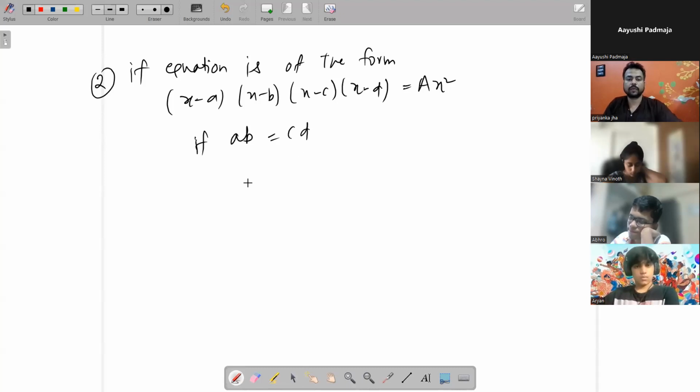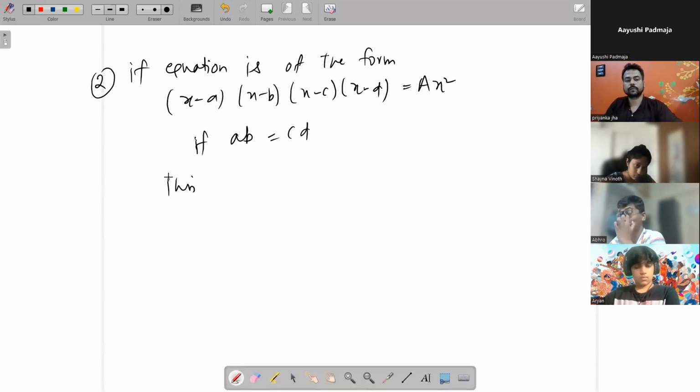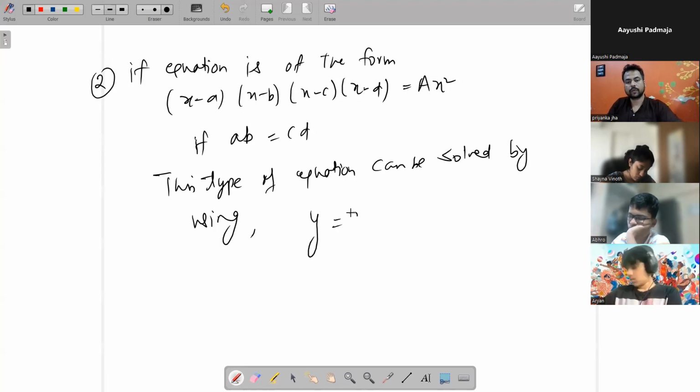If AB equal to CD, then this equation can be solved. This type of equation can be solved by using y equal to x plus AB upon x.